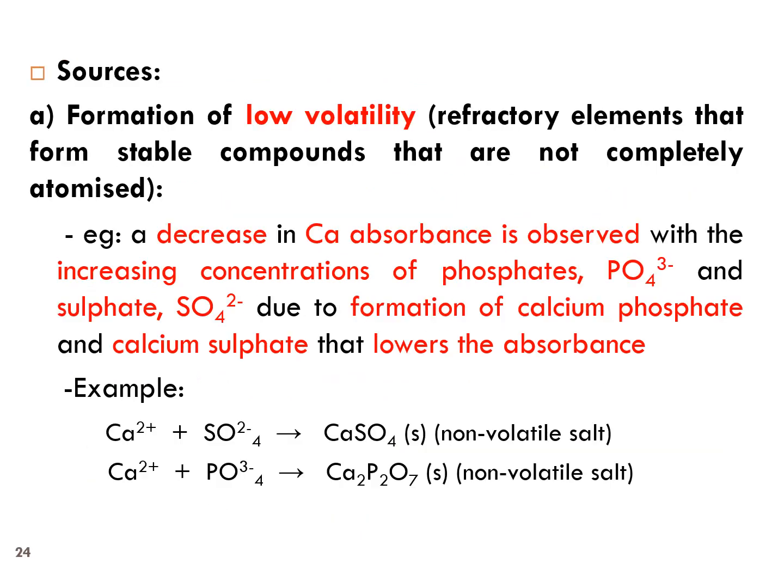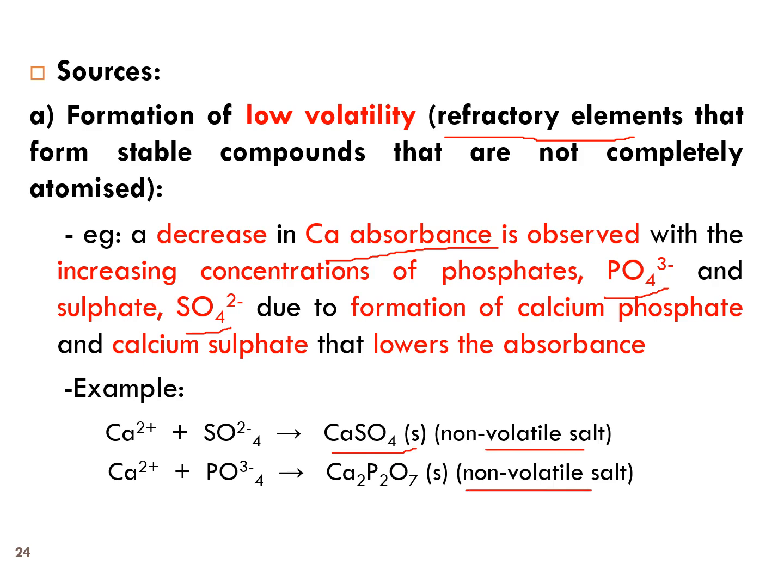Okay, for the chemical interference, dia berlaku disebabkan oleh production of refractory element. Contohnya kita nak detect the calcium absorbance. Tapi the calcium ni dia react dengan phosphate ataupun sulfate yang menyebabkan munculnya this non-volatile salt.